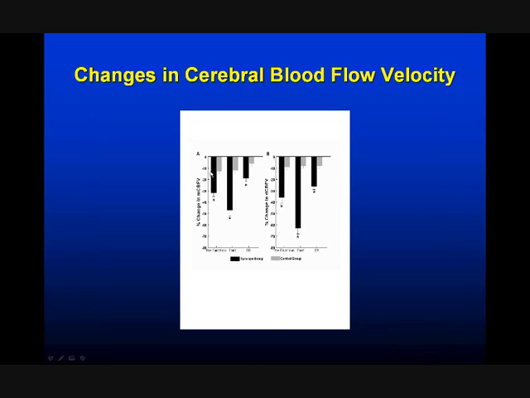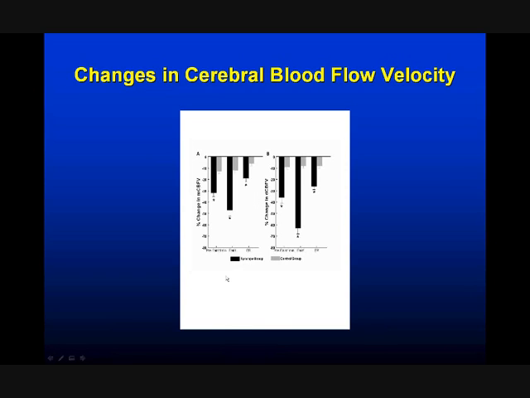subjects who faint, look at how dramatically increased the change in their cerebral blood flow velocity is, and this is their diastolic. As all of you know, blood pressure is the high number and the low number, the systolic and the diastolic.